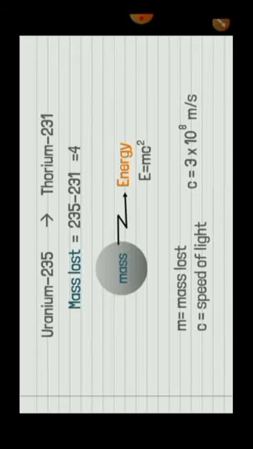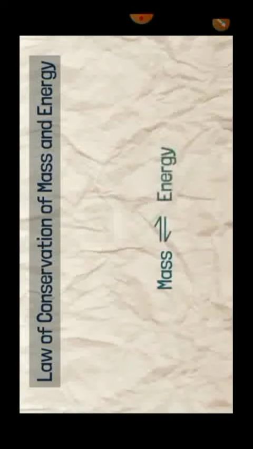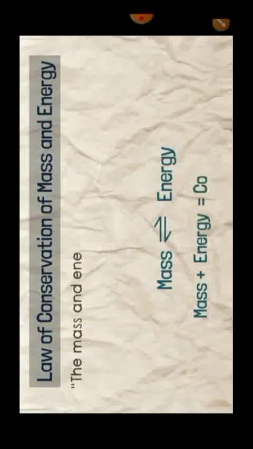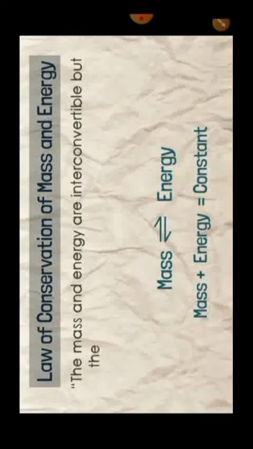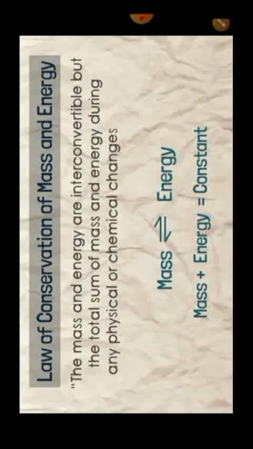It means the law of conservation of mass becomes the law of conservation of mass and energy, where mass and energy are interconvertible. The total sum of mass and energy during any chemical or physical change remains constant.